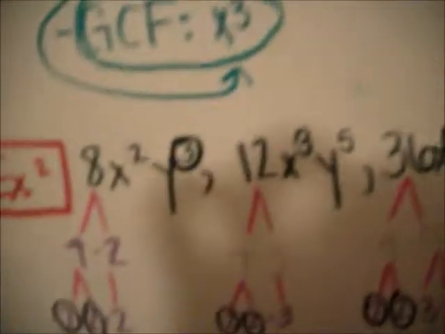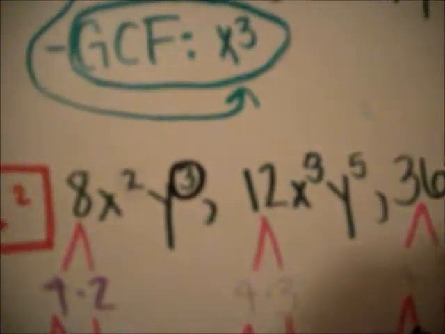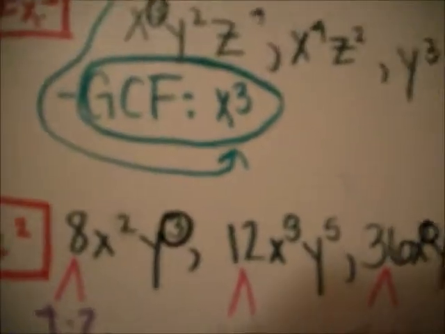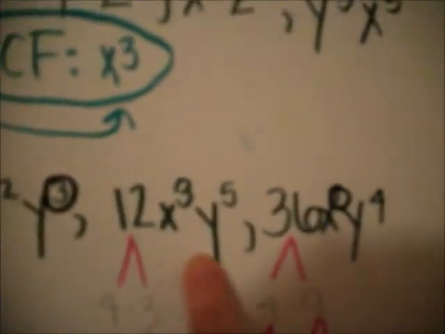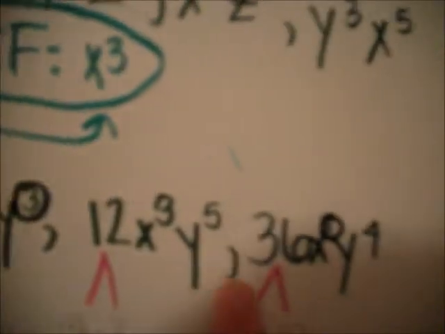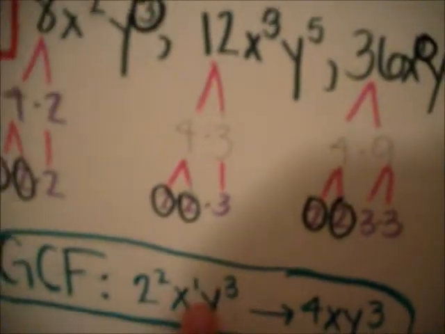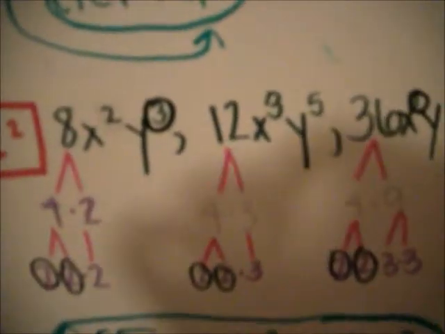Okay, as we did before in the previous problem with all the variables, we have to look at what each term has in common in considering variables. So each term has an x and each term has a y. So you can bring an x and y down there, but we have to find the greatest common factors of exponents.